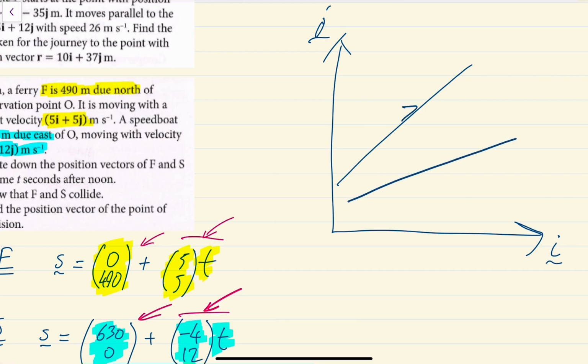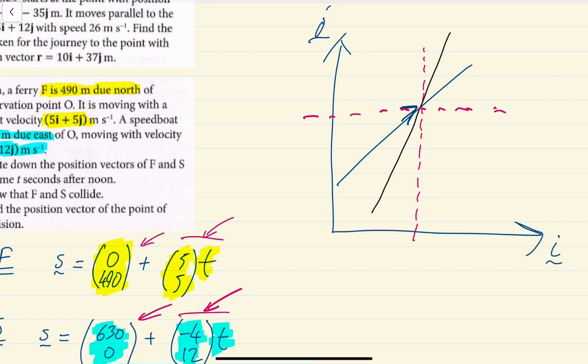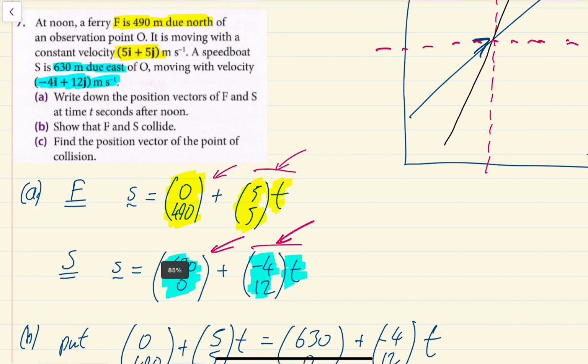Now these two things clearly don't meet, but at this point here, they have the same i component. So for them to meet, they would need to have the same i component and also the same j component. So we need both of those things to happen at the same time.